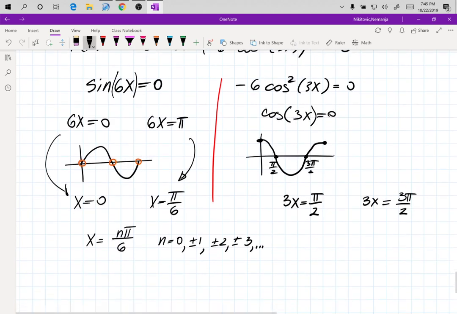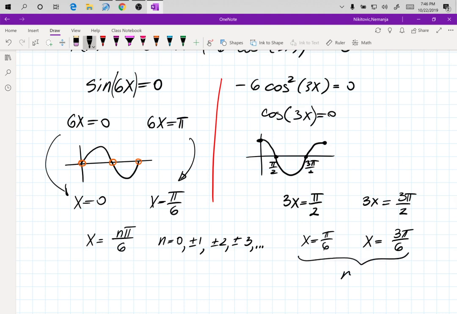And now if you take a look at this, when you divide both sides by 3, you get x equals pi over 6. Hey, that's a repeat, right? And on the other side, you divide both sides by 3, or actually you can just cancel the 3's, whatever. You will get 3 pi over 6. You know what? I don't want to cancel. I'm just going to leave it like this because you can see it's also in 6's.